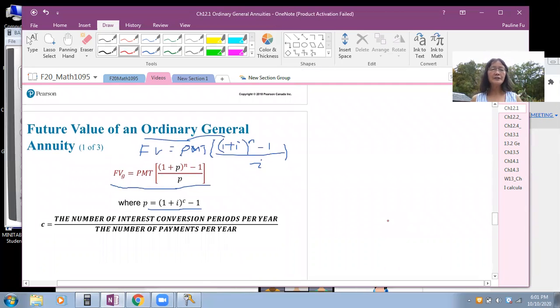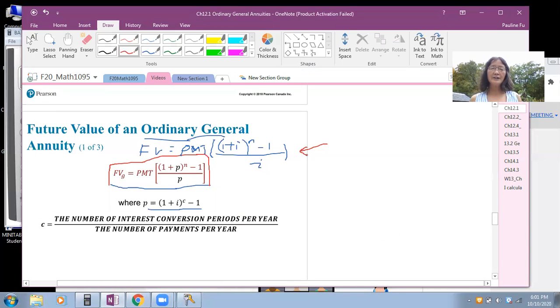The objective of this lecture is to calculate the future value of an ordinary general annuity, and the formula is given here. If you compare this formula with the ordinary simple annuity, they are very similar.